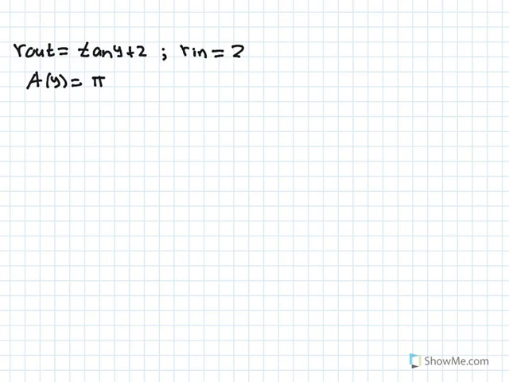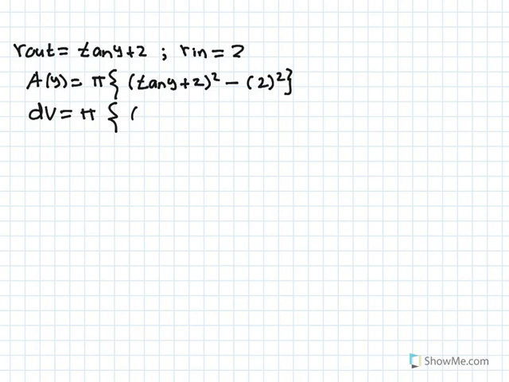So it's pi times outer radius squared, that's tangent y plus 2, all squared, minus the inner radius, which is 2, all squared. And the washer volume is going to be differential volume is pi times tangent y plus 2 all squared minus 2 squared dy.